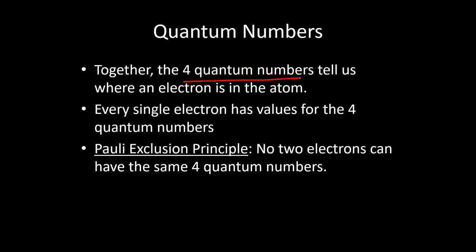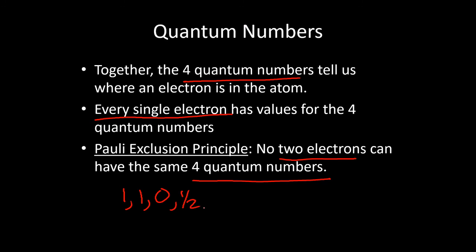So these 4 quantum numbers tell us where an electron is. Every single electron has a value for each one of these 4 things. And no 2 electrons can have the same 4 quantum numbers. This is what we call the Pauli Exclusion Principle. So if you have one electron where its 4 values for the 4 quantum numbers are 1, 1, 0, and 1/2, you cannot have another electron that has those same 4 values.